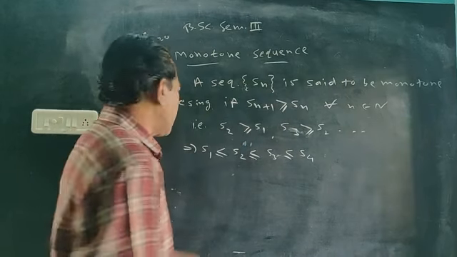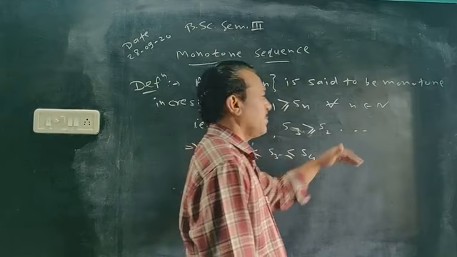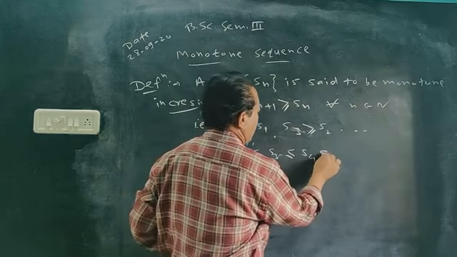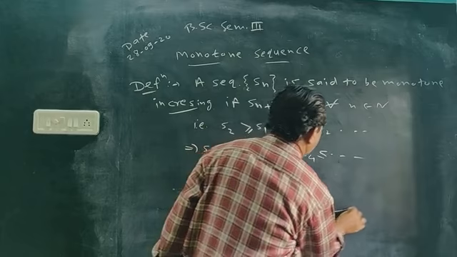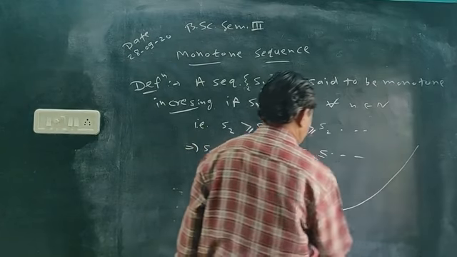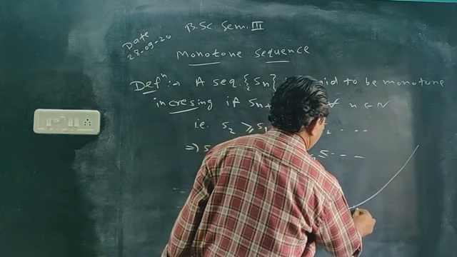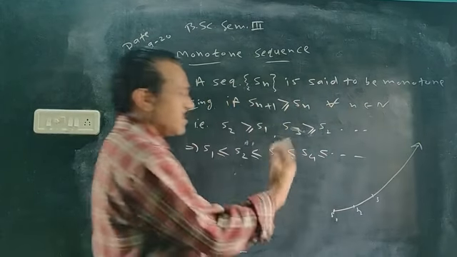So S1 is smallest, S2 bigger, it is increasing. In a graph, here S1, S2, S3, so the graph is increasing.